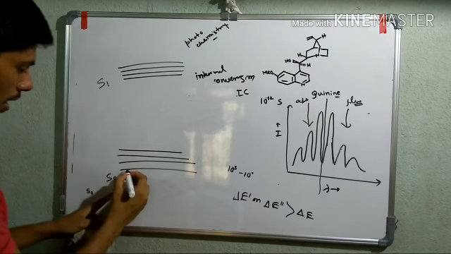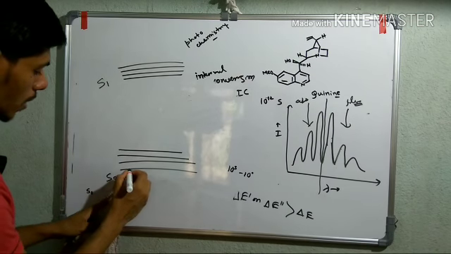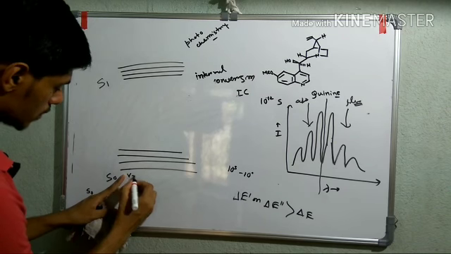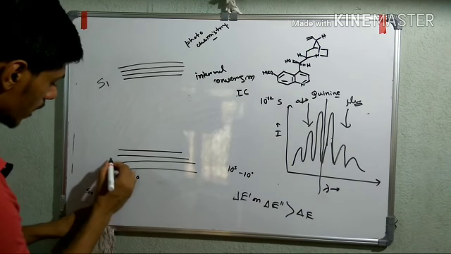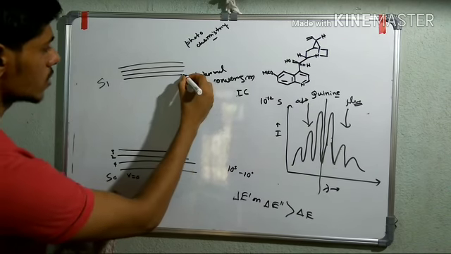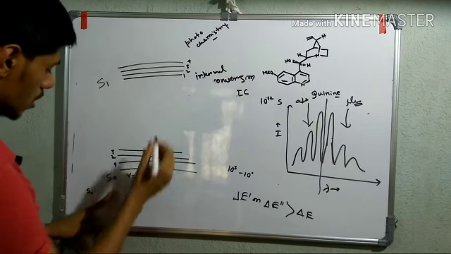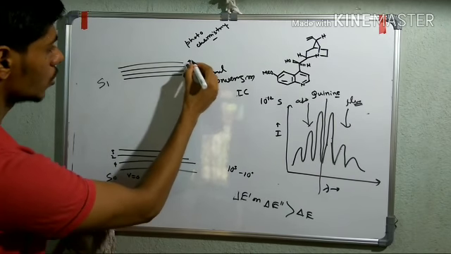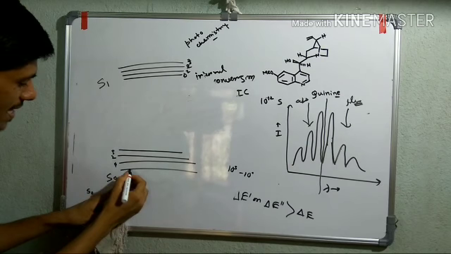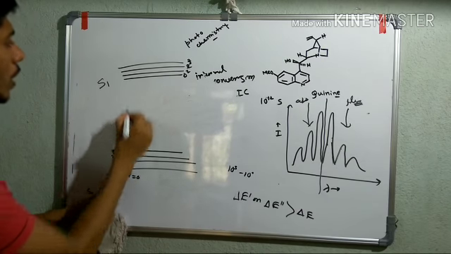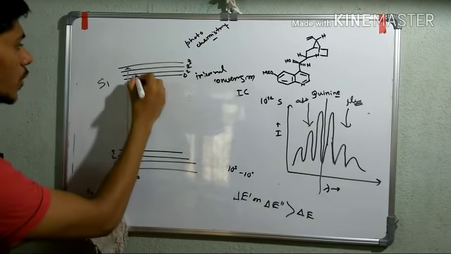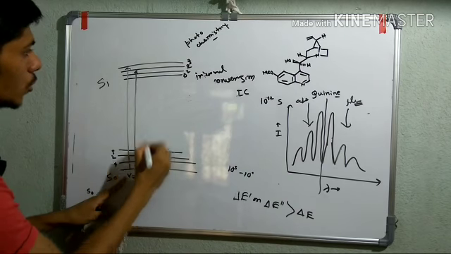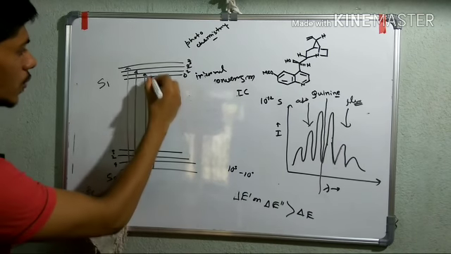At first the excitation may occur from this V equal to 0. This is V equal to 1, 2, 3, and for this also 0, 1, 2, 3. Now from V0 the excitation can occur to V3 or to V2 or to V1 or to V0.